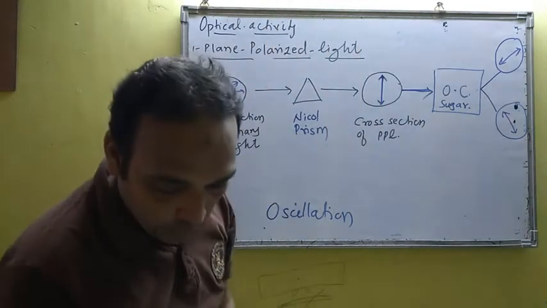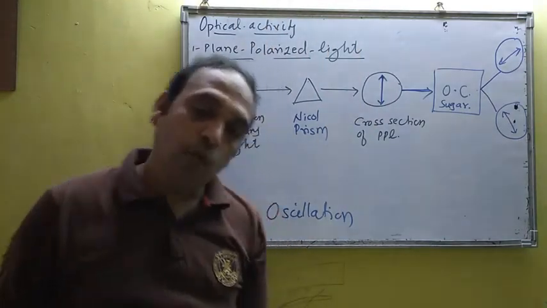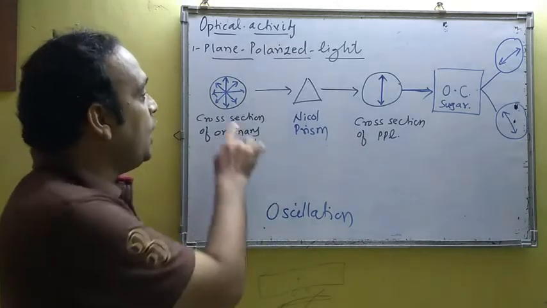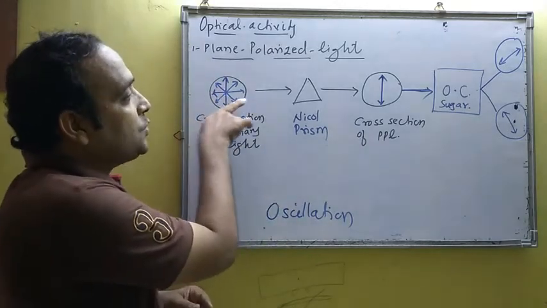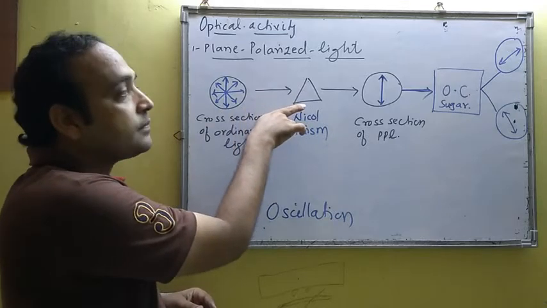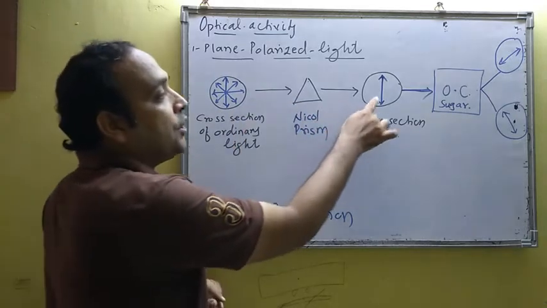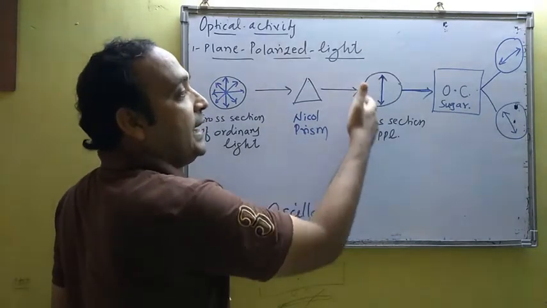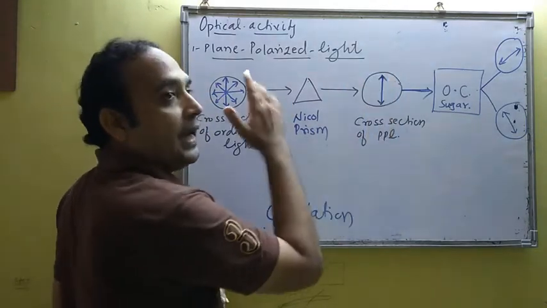And that is my topic. So what is optical activity? What is plane polarized light? That is important. When ordinary light passes through a nicol prism, oscillation only in one plane emerges out, and this light is called plane polarized light.